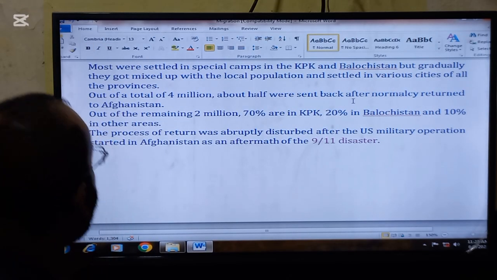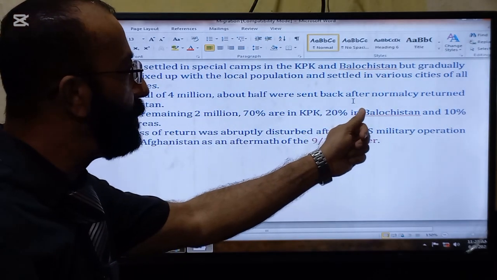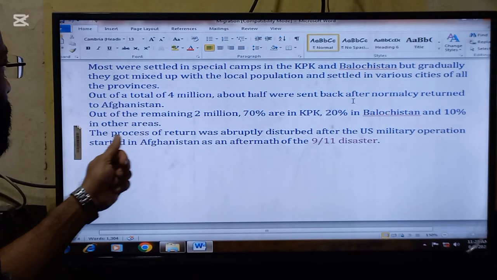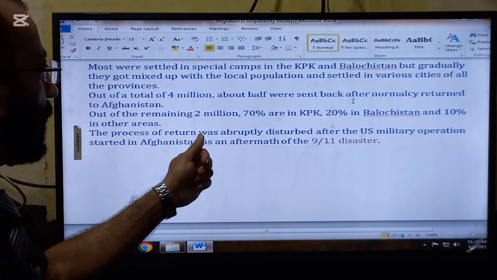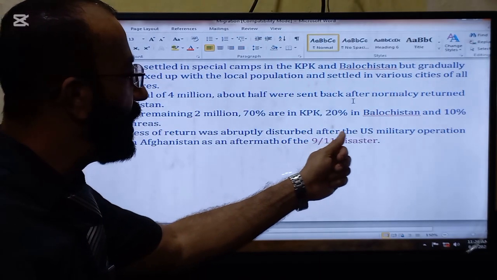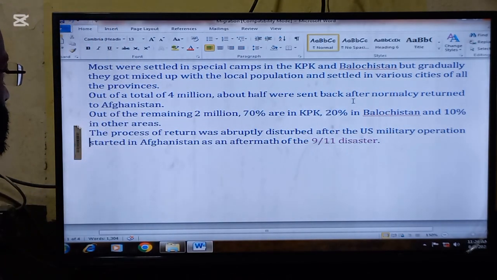Out of a total of 4 million, about half were sent back after normalcy returned to Afghanistan. Out of the remaining 2 million, 70% are in KPK, 20% in Balochistan, and 10% in other areas.